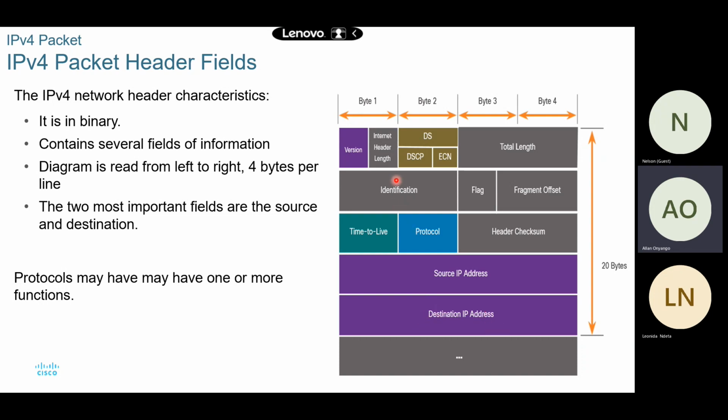And there are other fields, like the fields that are in gray here. Those fields that you see in gray are all going to be removed. When you look at IPv6, it is not going to have the fields in gray, including the internet header length, total length, identification, flag, fragment offset, header checksum.